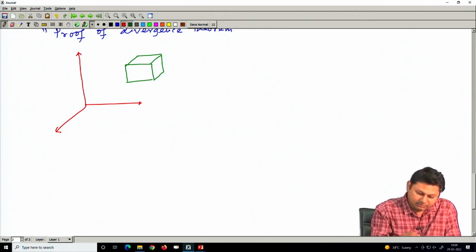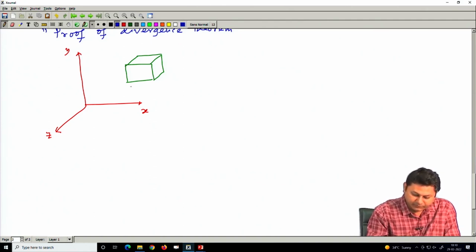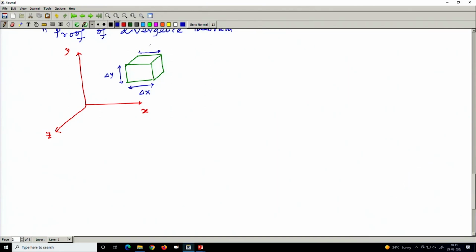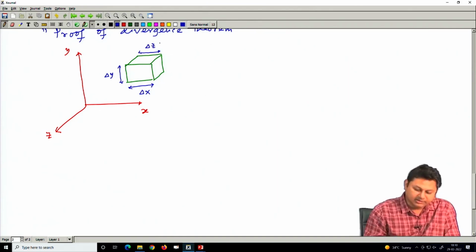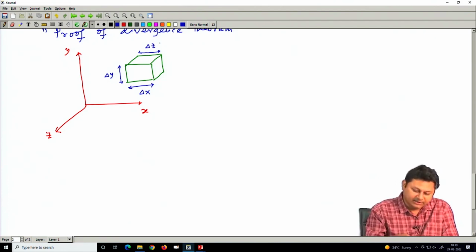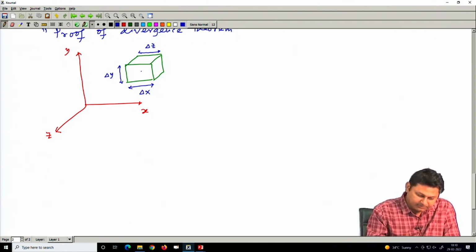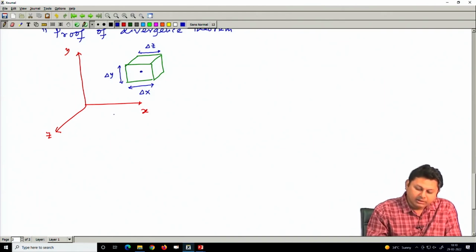Suppose this is my x direction, y direction and z direction, and this length from here to here is delta x, from here to here it is delta y, and here to here it is delta z.